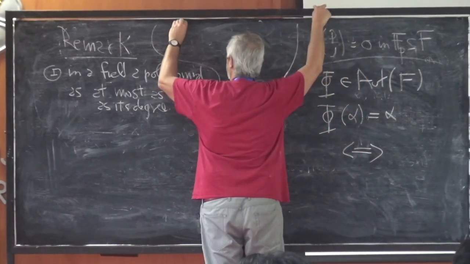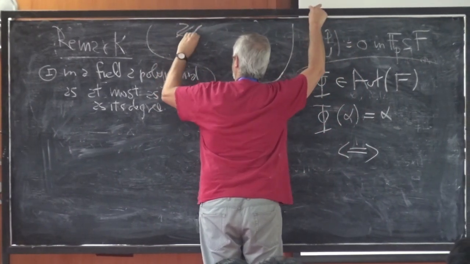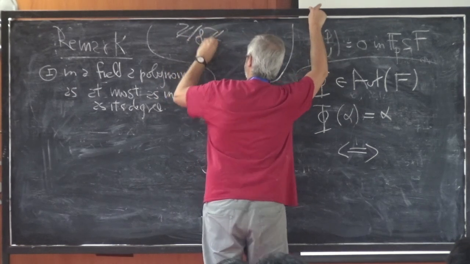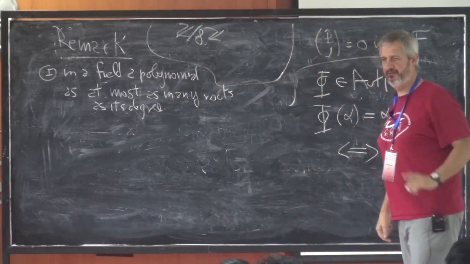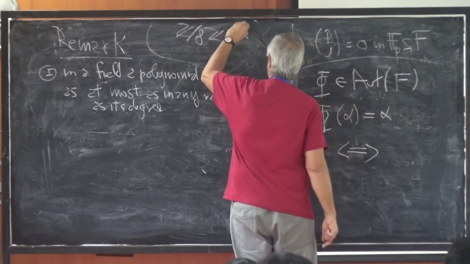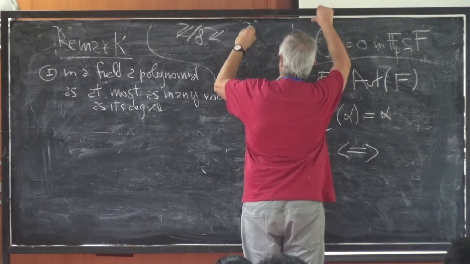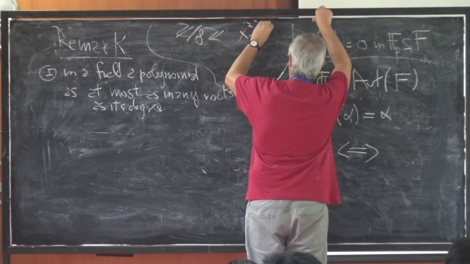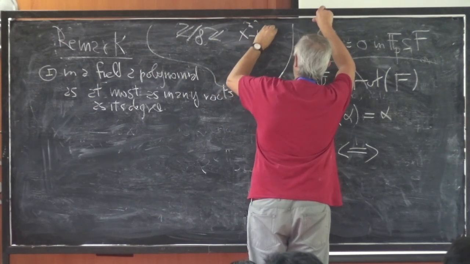If you take the ring Z mod 8Z, this is definitely not a field. And you take the polynomial x squared minus 1, which has coefficients in this ring.